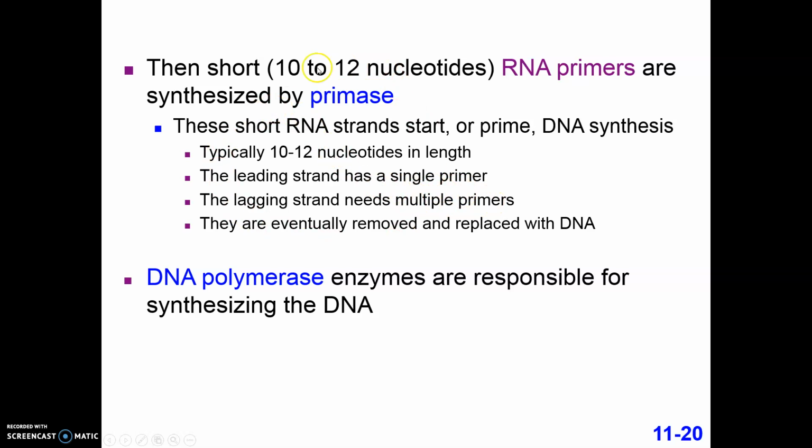This concept is a little easier to understand once we look at the schematic. And then the final player here is DNA polymerase, which is the actual enzyme responsible for synthesizing DNA. It's going to recognize the RNA primer on the DNA that was laid down by primase.